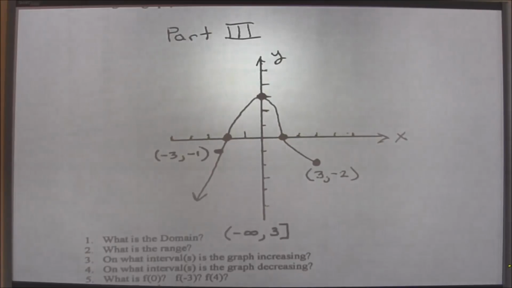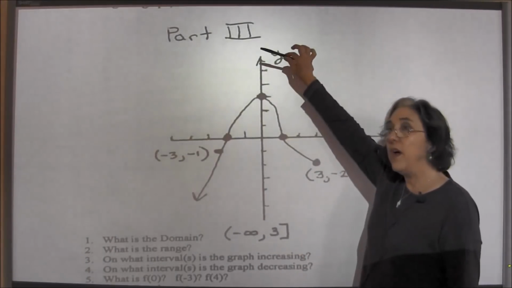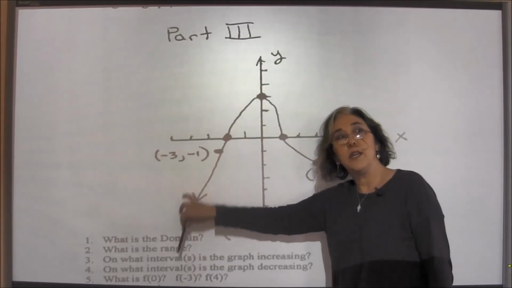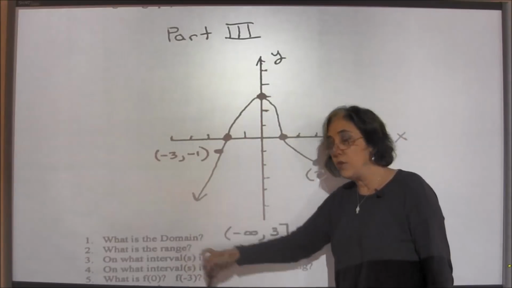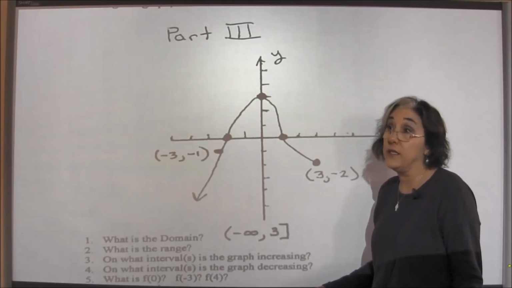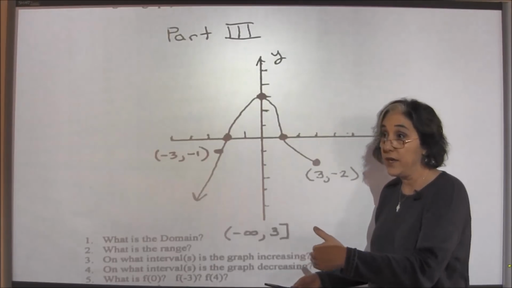Now range is all the y values. And so what you want to do is scan from the bottom up. And of course this thing has an arrow that indicates it goes on forever in the downward direction, and so that means the range doesn't have a bottom point. If it did have a bottom point, I would start at that y value.